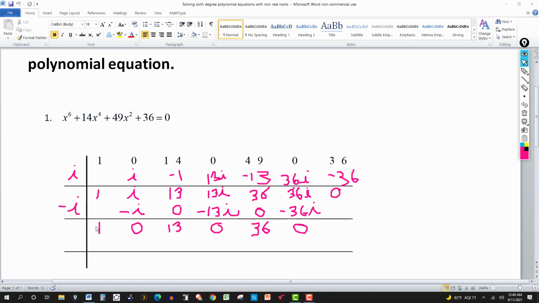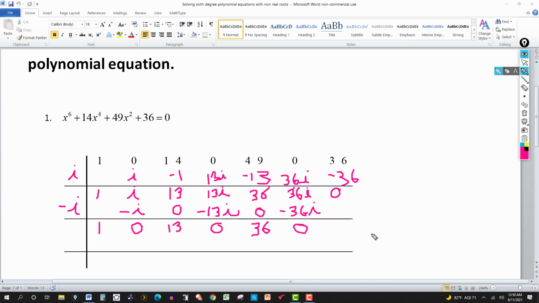This is 4th degree. So basically what we have is that the numbers in this last row are the coefficients of a 4th degree polynomial. So 1 would be the coefficient of x to the 4th, and then this 0 for x to the 3rd here, and then 13 x squared, and 0 would be the coefficient of the x, and then we have the constant.